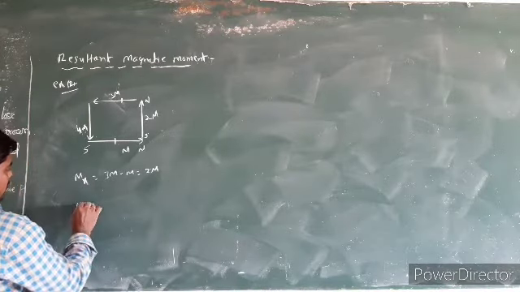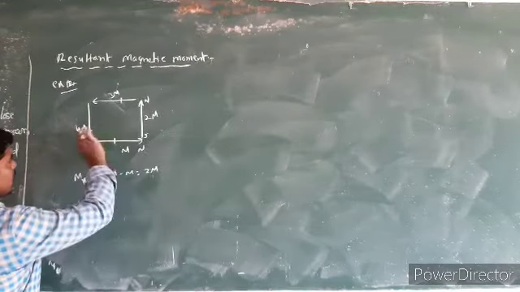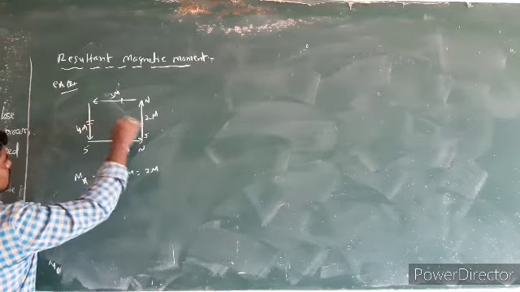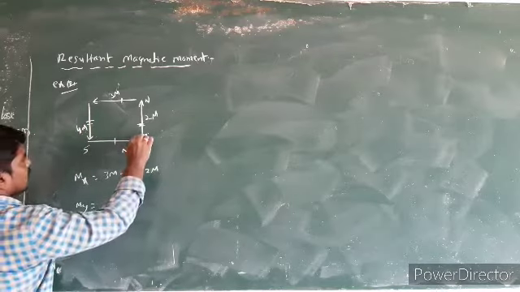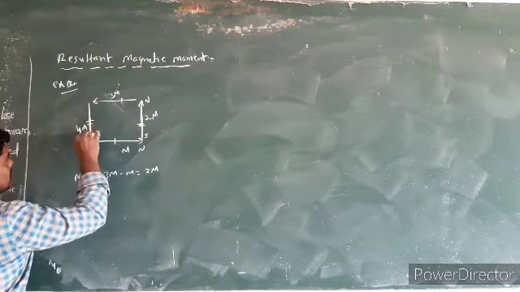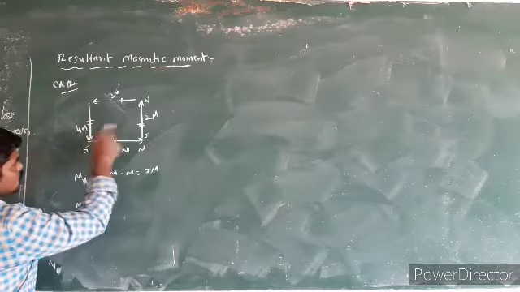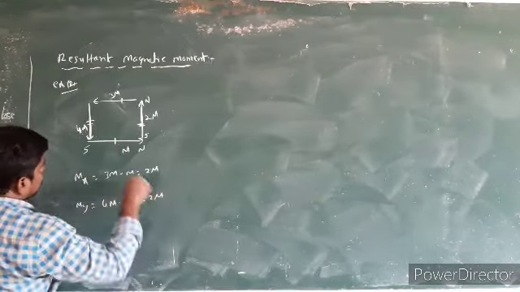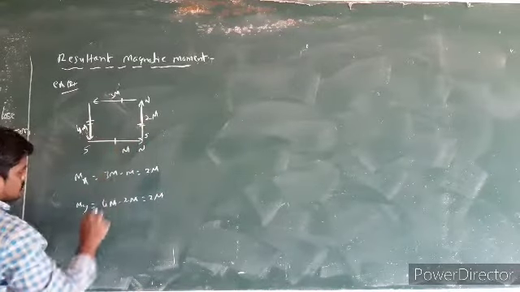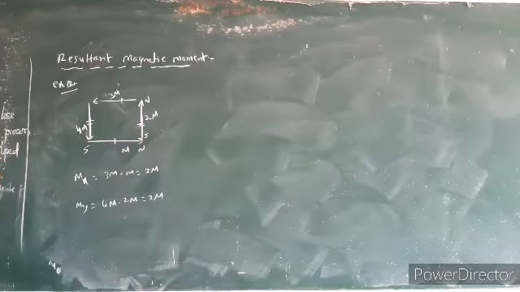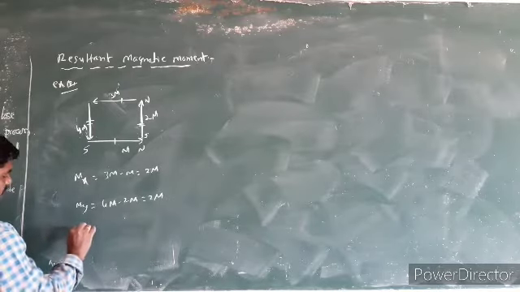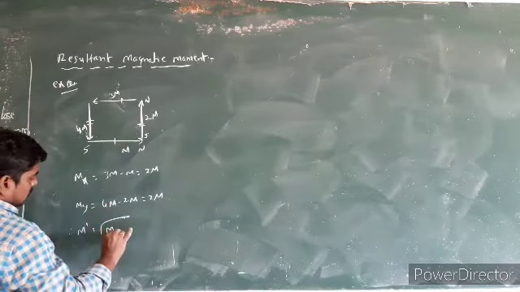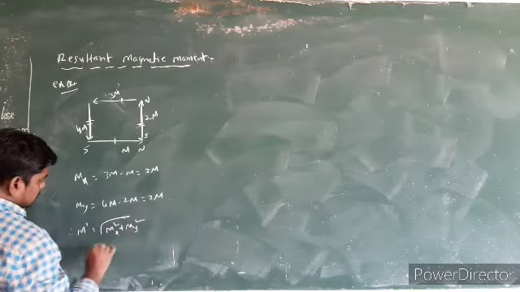Similarly, along the y-axis, one is along the positive y-axis and the other along the negative y-axis, so these two are also anti-parallel. The resultant along the y-axis is 4m minus 2m, equal to 2m. Therefore, the net magnetic moment of the arrangement of four magnets is the square root of Mx square plus My square.